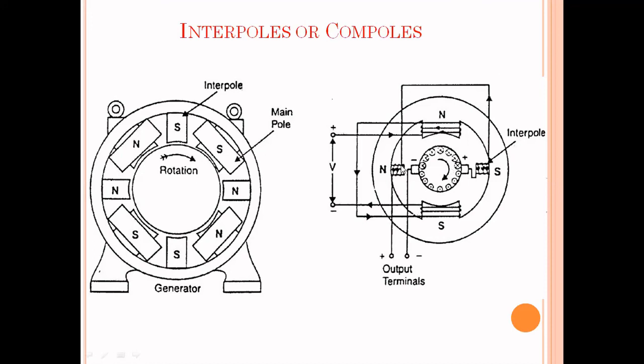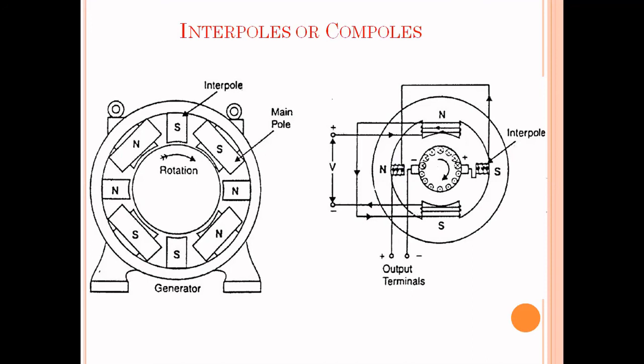Now when the interpole winding carries current, it produces an MMF. When the armature carries current, it also produces an MMF, and as the direction of the current is opposite, they produce MMF in opposite directions.